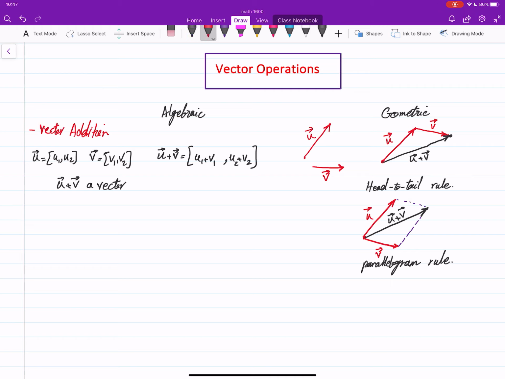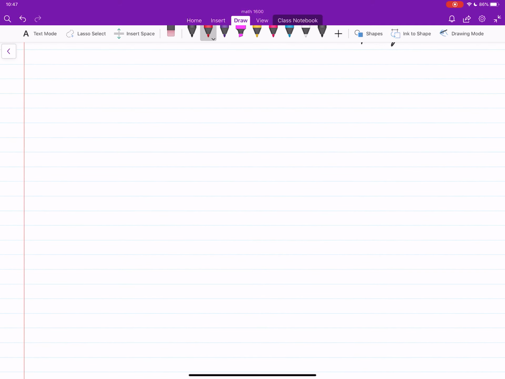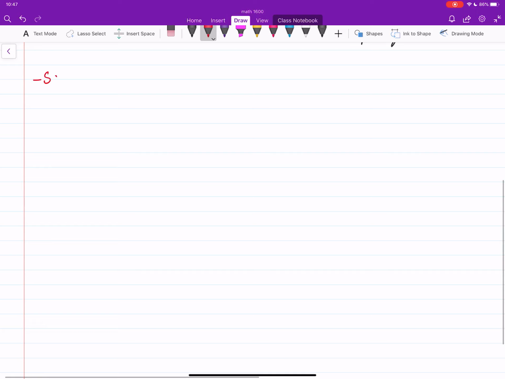The second operation is called scalar multiplication.